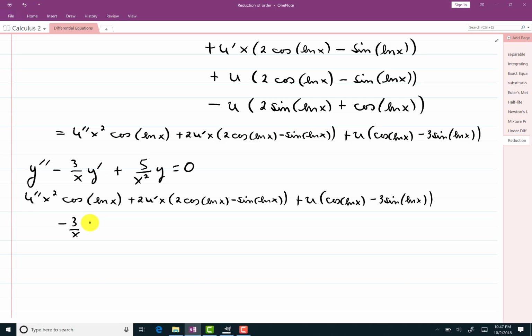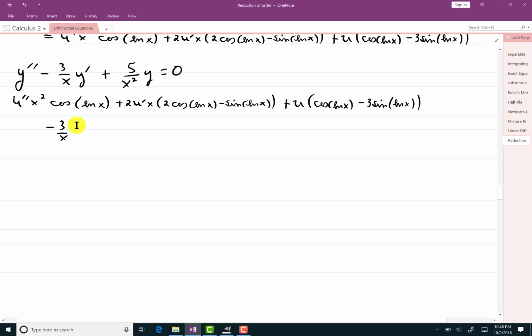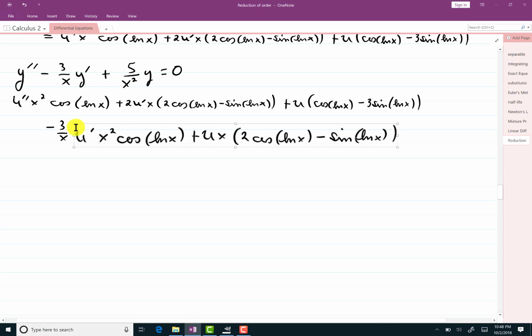And then underneath of that, I think what I'm going to do is put my minus 3 over x is my y prime, and then plus 5 over x squared.